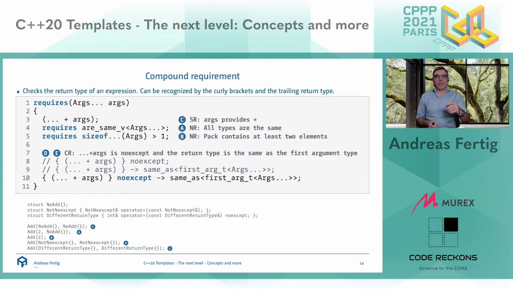And the answer to that is the compiler is able to fetch the resulting type from the compound statement, from the curly braces expression, and it feeds it in as a first parameter to same_as.